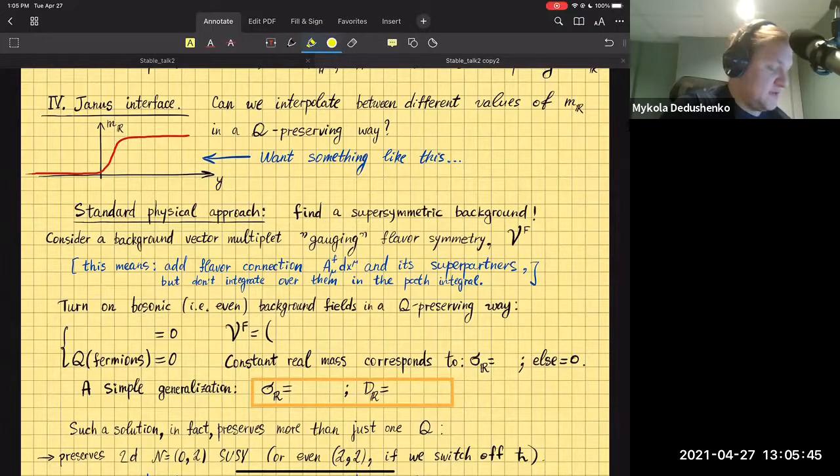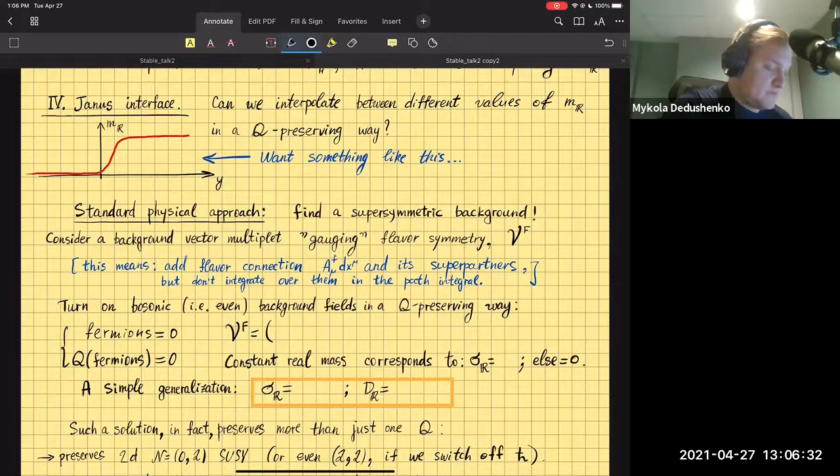It means that you add things like a connection for flavor symmetry and its superpartners that follow from supersymmetry, but you don't integrate over them in the path integral; rather you just give them certain fixed values. Then demanding that they preserve supersymmetry simply says that the fermionic fields vanish, since usually we consider a bosonic background, and Q of them also vanishes.